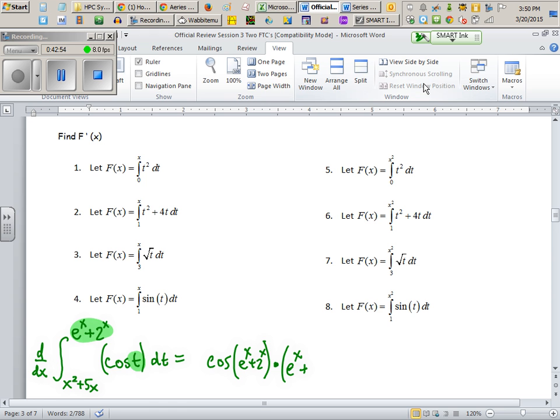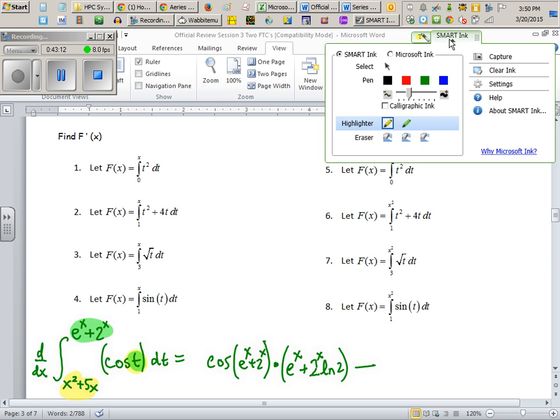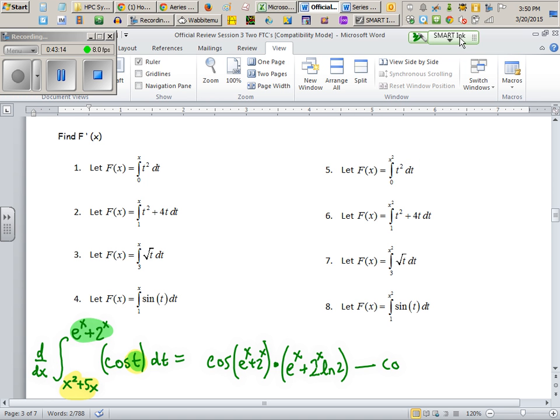What's the derivative of 2 to the x? 2 to the x, ln 2, good Evelyn, minus, now we'll do the lower set down here, see? Same thing, plug it in again. So cosine of x squared plus 5x. And what's the derivative of the inside? That's easy. 2x plus 5, right? So there it is.